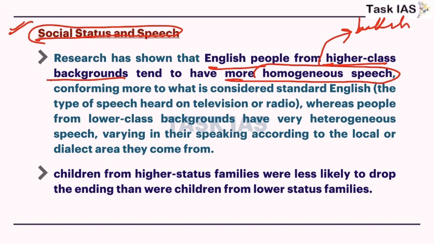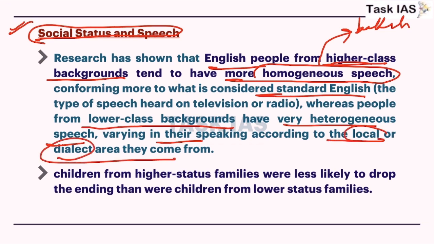This was observed in higher class people, and this is considered standard English, whereas people from lower class backgrounds have very heterogeneous speech because of their different speaking styles, and they focus on local dialects. But higher class people focus on homogeneity. They try to imitate what a top class person is speaking. So in that race of imitation, their language becomes more homogenized.